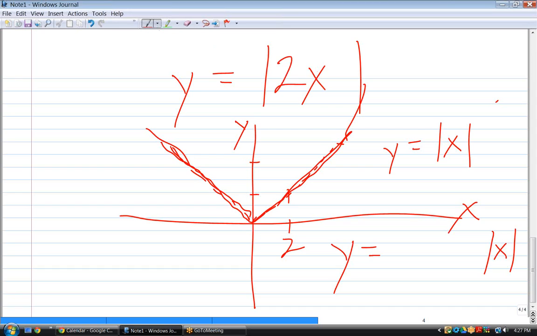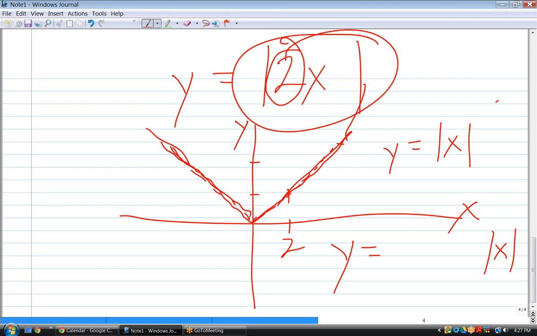Because this is next to the x inside the absolute value function, the elementary function, this number now has a horizontal stretch or squeeze factor. The fact that it's greater than 1 means it's a squeeze.